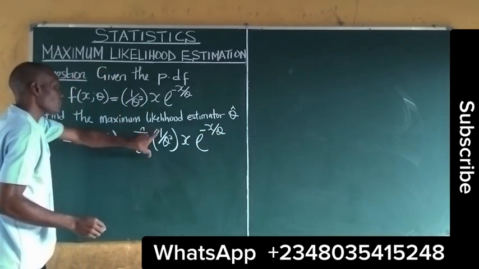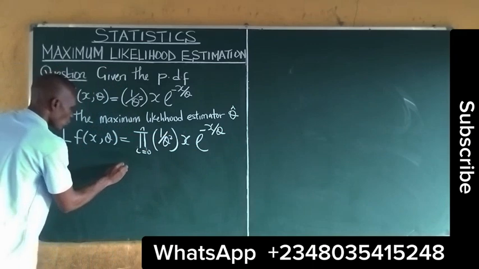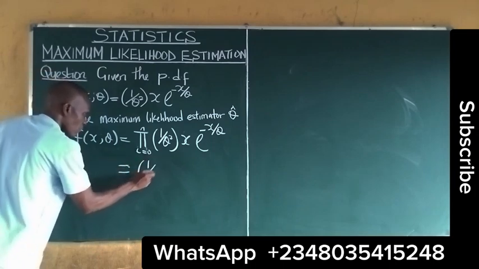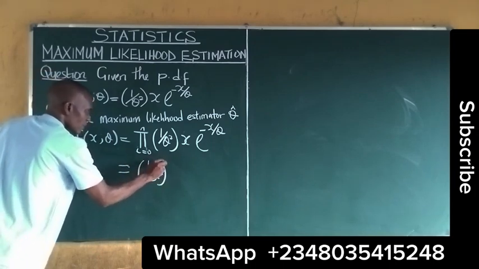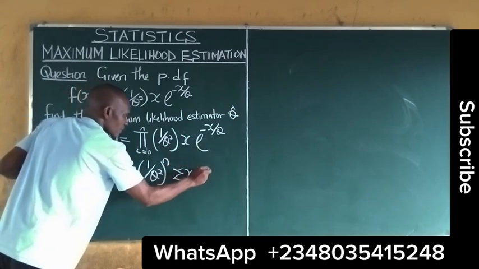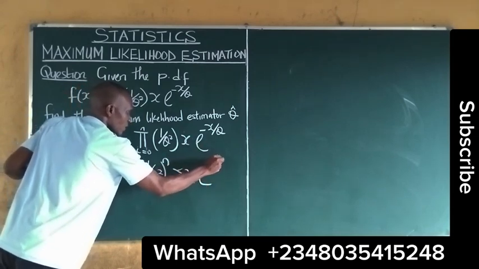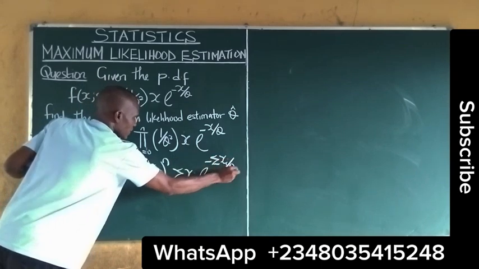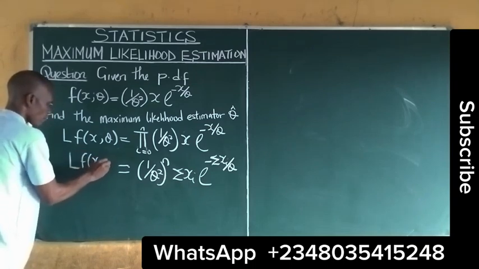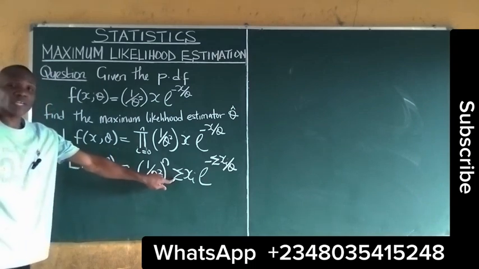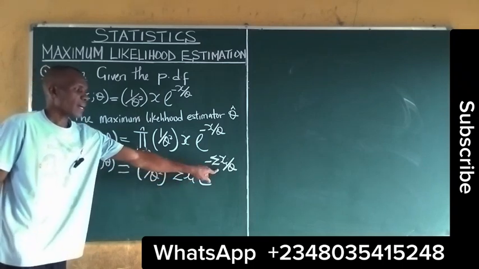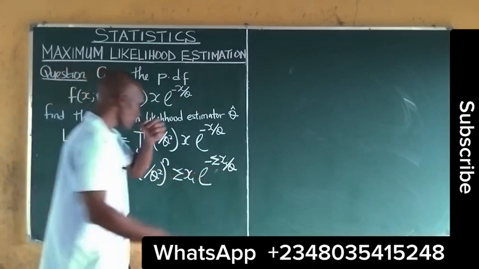So the likelihood function of this will give us 1 all over theta squared to the power n, product of xi's and exponential of the sum of xi's all over theta. So if we take the likelihood function of this PDF, this is what we'll get, because here we'll multiply it n times, the xi's and the exponential value.